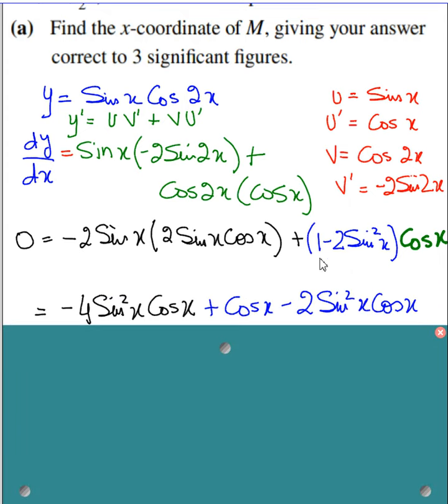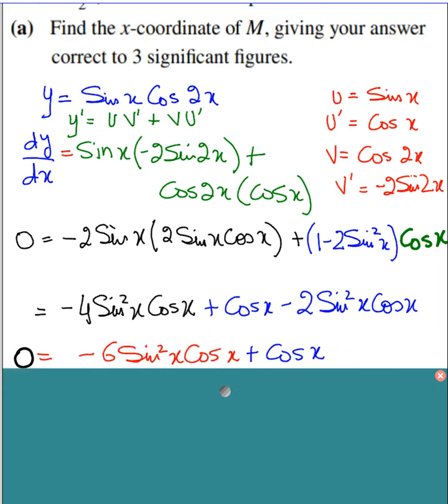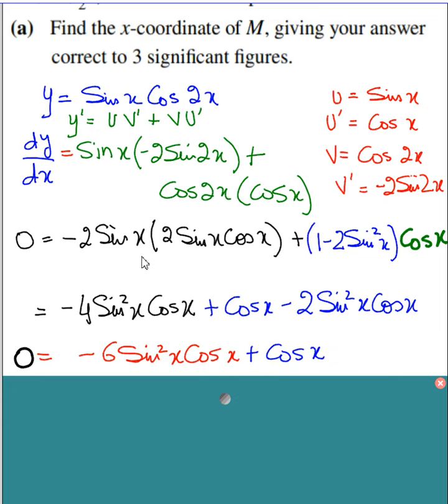Of course nobody knows in the first attempt what to use. So you can apply any one you want out of the 3 formulas, and you will realize which one you can use to solve it further. Okay, so now it will become minus 4 sin square x cos x plus cos x minus 2 this. So I have simply expanded the formula here.